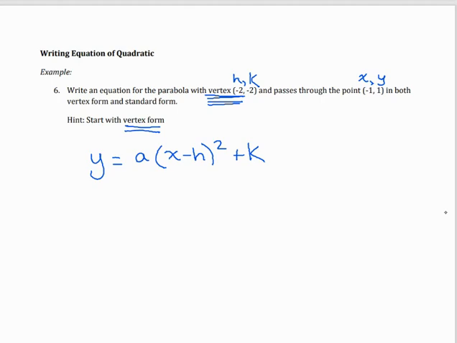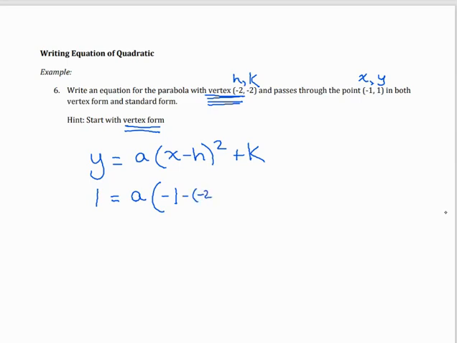So now I have all the missing pieces for my equation except for a, which is what I'm going to go solve for. I'm going to take my y value, which is 1, and plug it in for y. I don't know a. I'm going to take my x value, which is negative 1, and plug it in for x. My h value is negative 2.